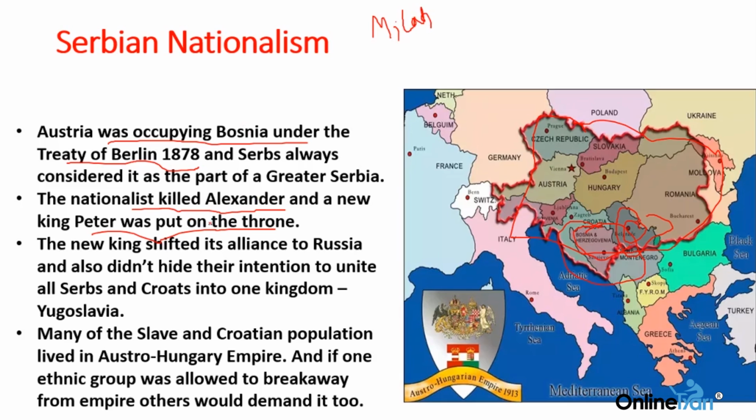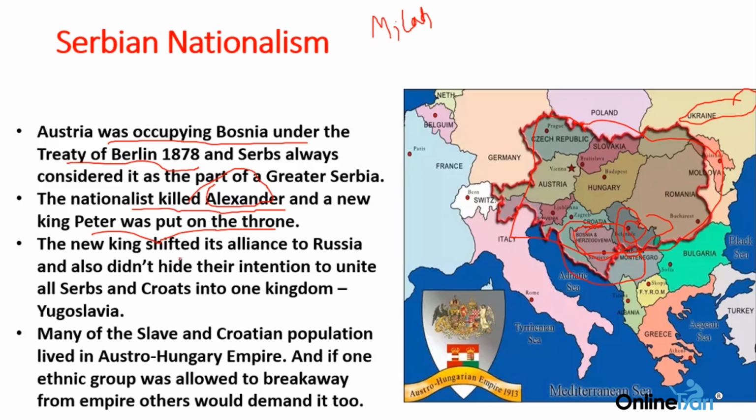After that Alexander came, and he was even closer to Germany. But the new King Peter started to show much alliance to the Russian side, because like Slavs, Russia also had a Slav population, and it was a kind of brotherhood, fraternity between them.